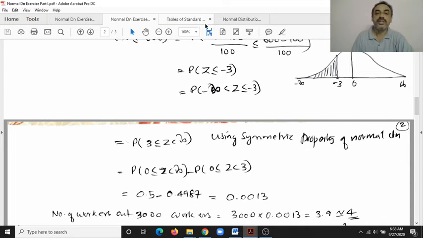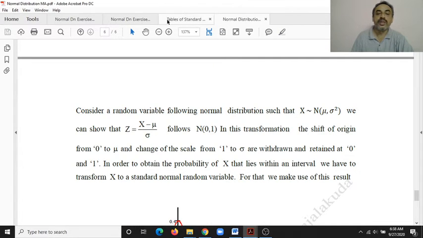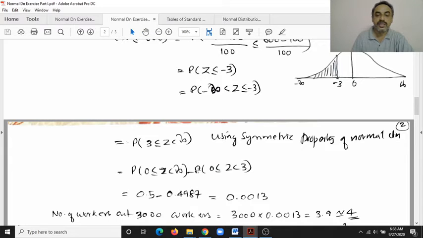Again, in tables we have probabilities for intervals starting from 0, so we have to make one more change to get the probability of 3 to infinity. We consider the entire right side 0 to infinity.